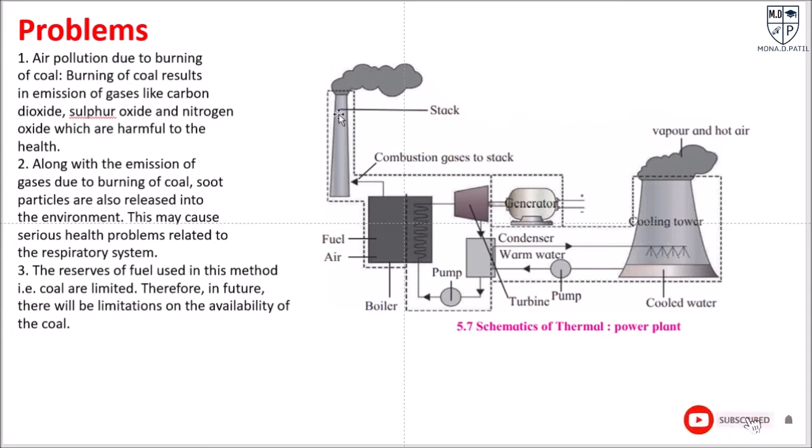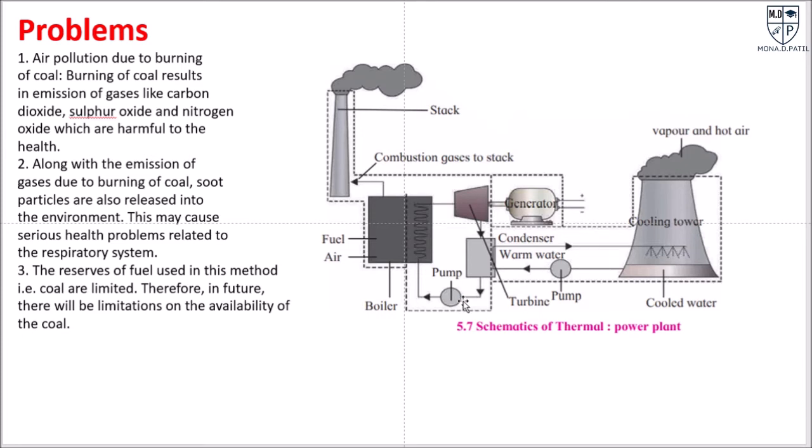Once the turbine is rotated using the steam at high temperature and high pressure, the steam temperature and pressure decrease. This steam is converted back into water by taking out heat from it, or cooling it. Here you can see this pump. Here the water is cooled again. This is done in the condenser using the water in the cooling tower.